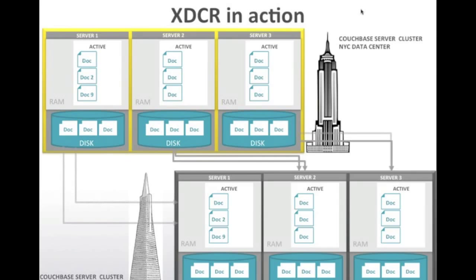Let's say we set up XDCR from New York to San Francisco, and now the documents from the disk are sent from New York to the San Francisco data center. It gets into the cache in the San Francisco data center, and then will be persisted onto disk in the remote data center as well.